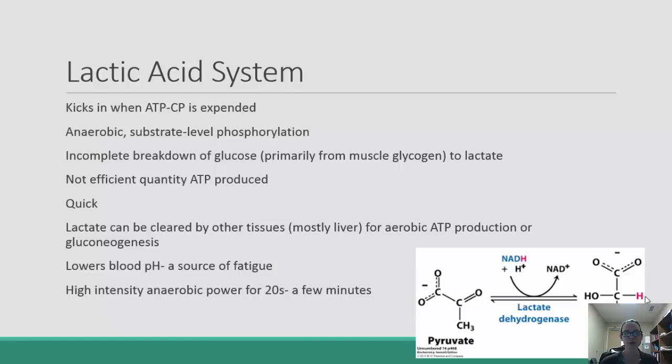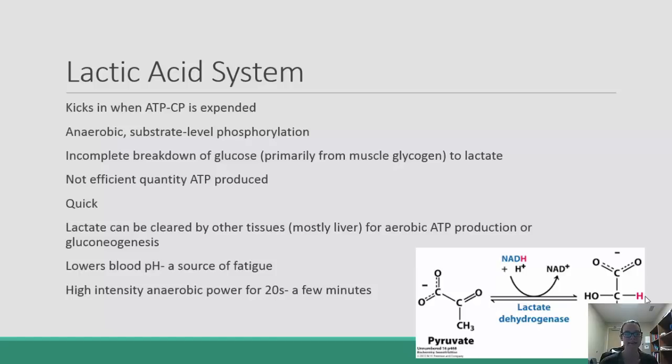So when we do produce lactate, it can be cleared by other tissues, mostly the liver, for aerobic ATP production or gluconeogenesis. However, lactate is lactic acid. It's an acid. It does lower the blood pH, and accumulation of this lactate can be a source of fatigue.